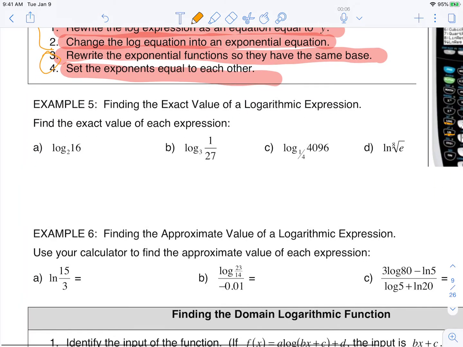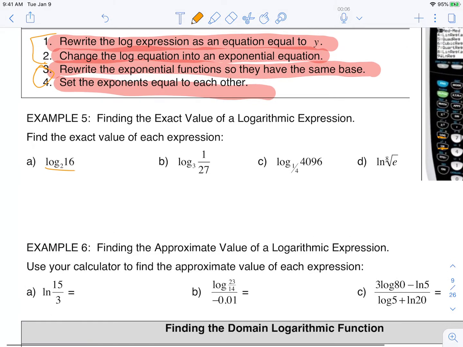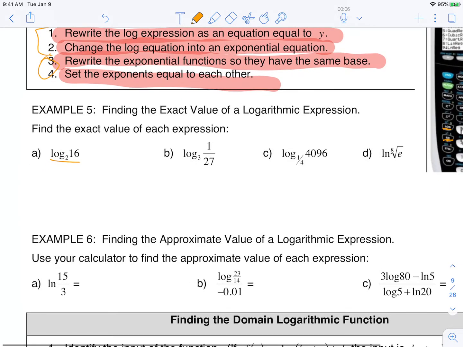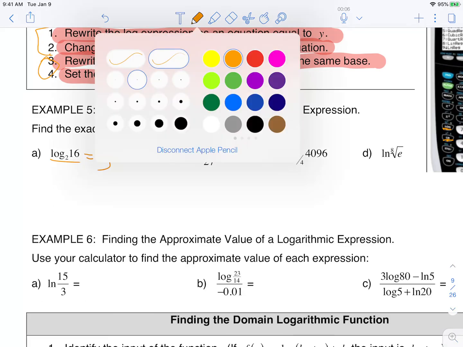So for example, some of you who have the nice TI-84 plus calculators, go ahead and try playing around with this and see if you could evaluate it without doing these steps. But for everyone else, let's try and get an idea of how to change things to exponential form. So again, it said use the y equals just so that you have an exponent equation. So I'm just going to set it equal to y.